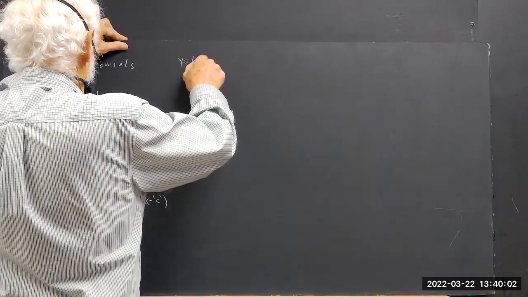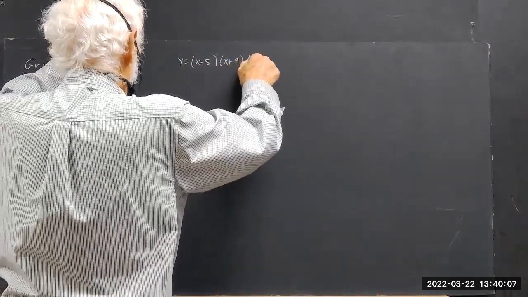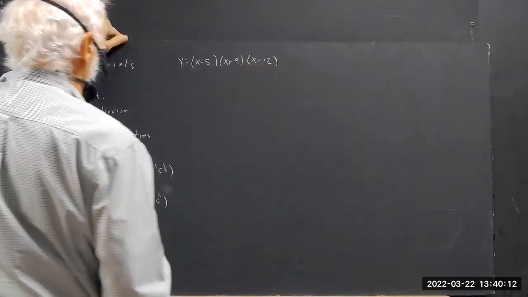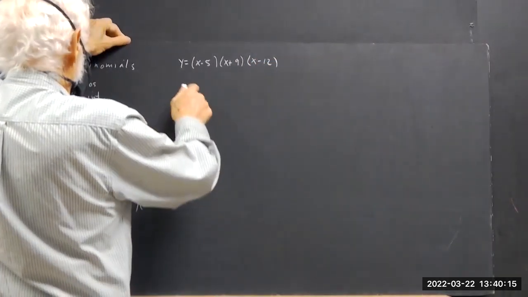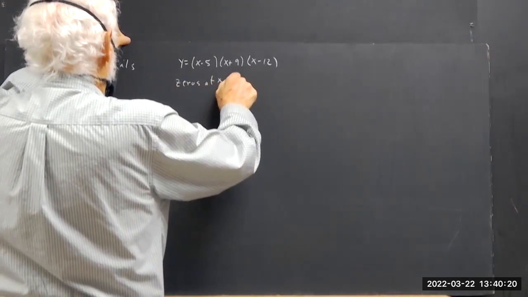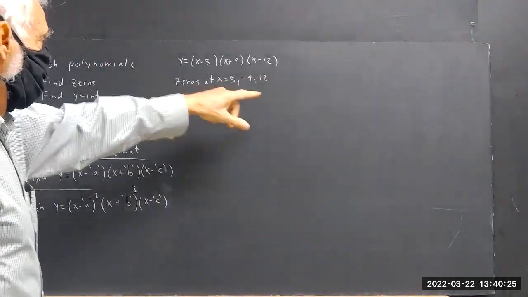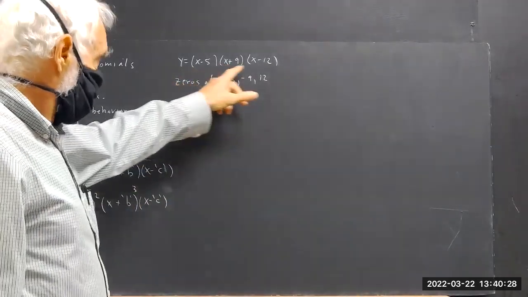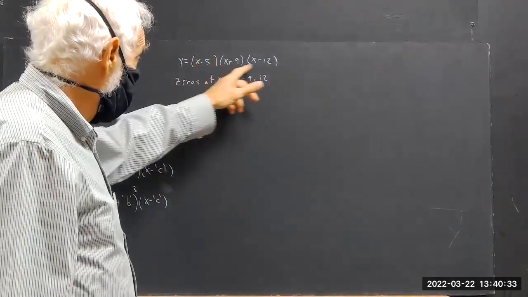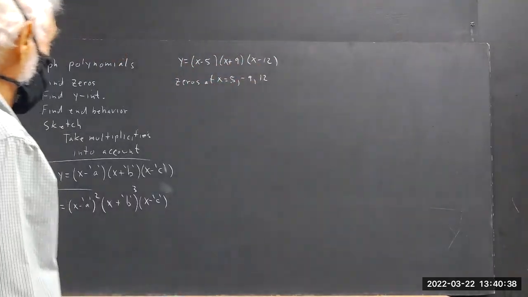Y equals x minus 5, x plus 9, times x minus 12. Okay, zeros. x equals 5, negative 9, and 12. Because if one of these is 0, you get 0. And if all these are non-zero, you don't get 0.